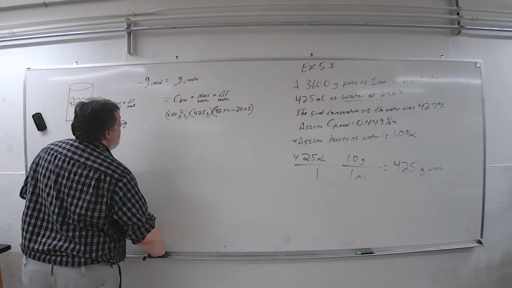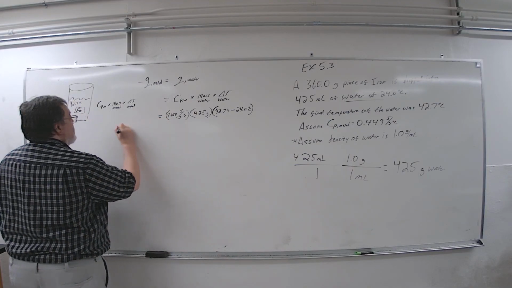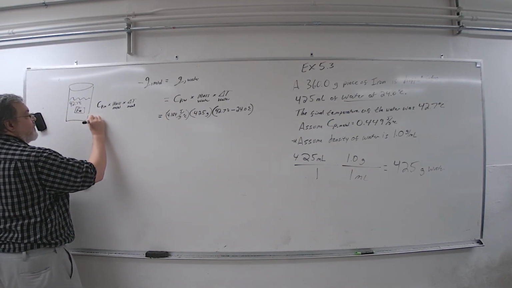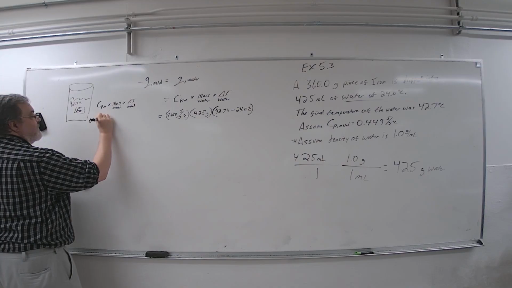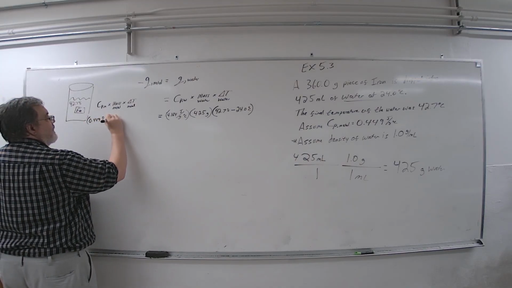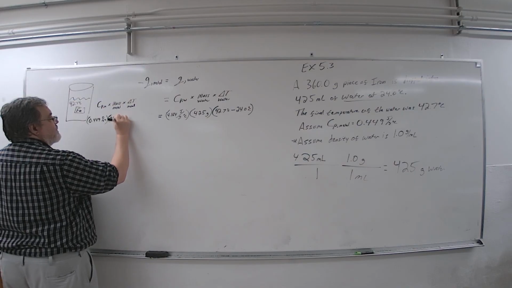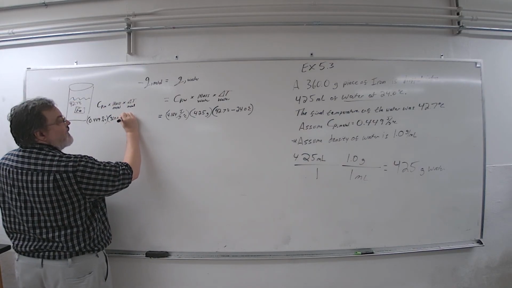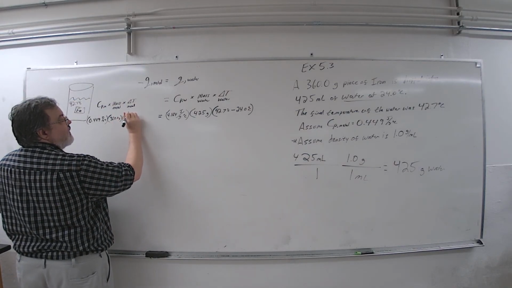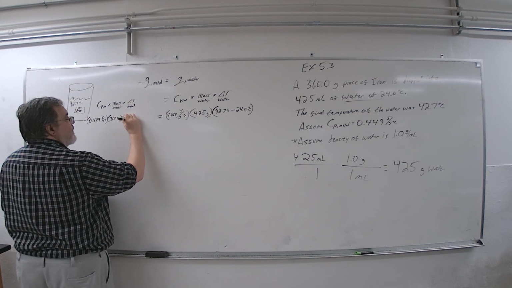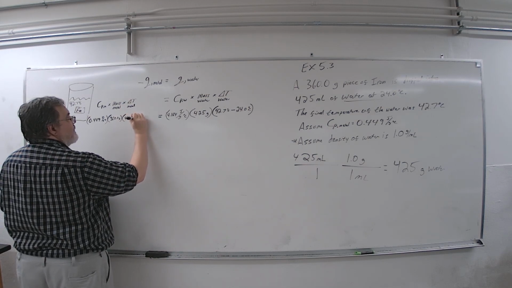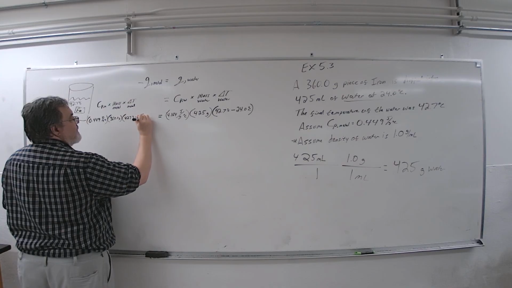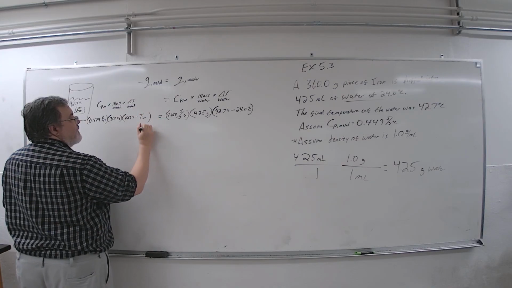Playing around, it was 0.449 joules per gram degree C. 360 grams. Final temperature was 22.7 minus initial for the metal.